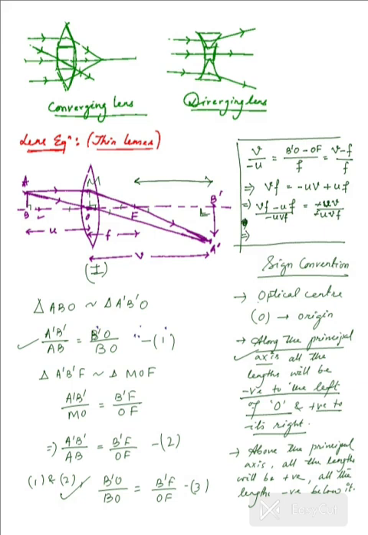So what I have is 1 by V minus 1 by U, and here U and V cancel out in both the numerator and denominator, and you have 1 over F. So 1 by V minus 1 by U is equal to 1 by F is the lens formula that we were looking for, the thin lens equation.